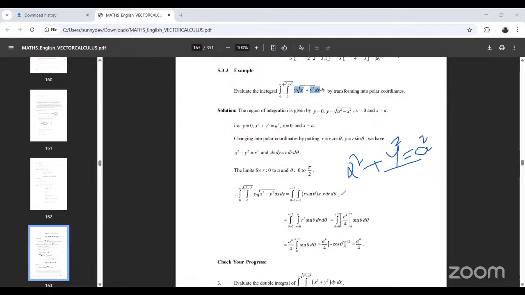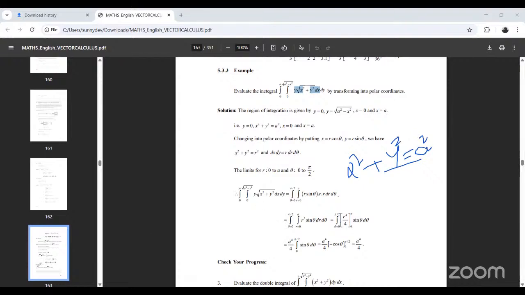So r cube sine theta dr d theta. r cube dr integrates to r power of 4 by 4, and sine theta integration is minus cos theta. When you do the r integration, we have to apply the limits 0 to a, and for sine theta d theta, the integration is cos theta. So after that, we are getting the result.